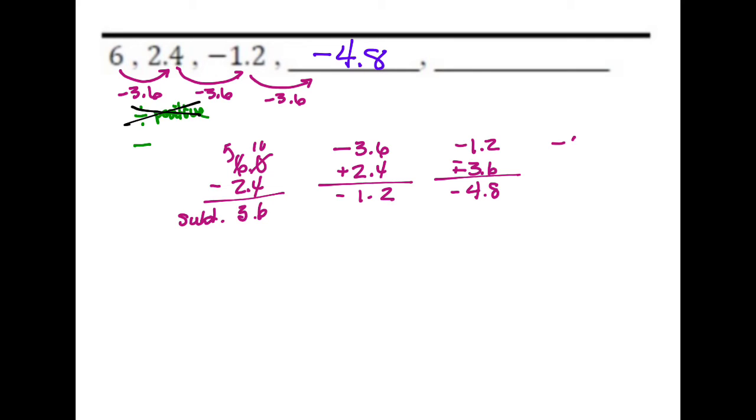And then negative 4.8 subtract 3.6, adding, keeping the sign because the signs are the same, negative 8.4. Okay, and once again, you can do all of this stuff on a calculator. It's just I don't have one to show you. All right, one more.